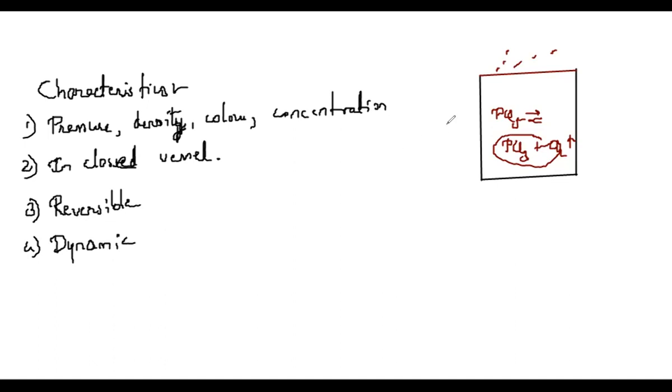That means the reaction is still progressing. It will not stop or come to an end at equilibrium. They will progress with the same rates. The rate of forward reaction will be equal to the rate of backward reaction. Therefore, we say equilibrium is dynamic in nature, not static.